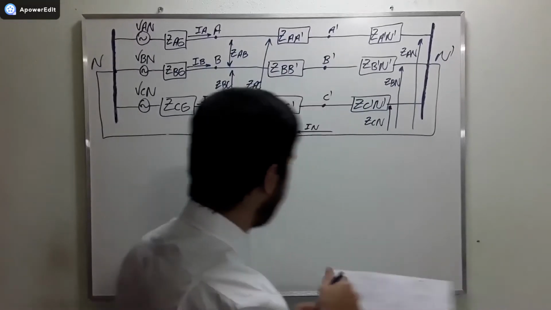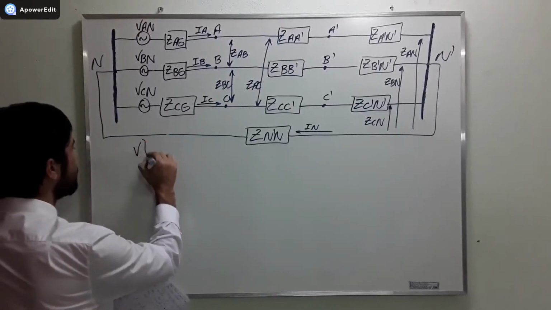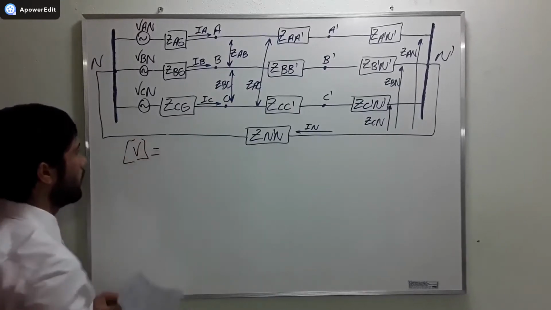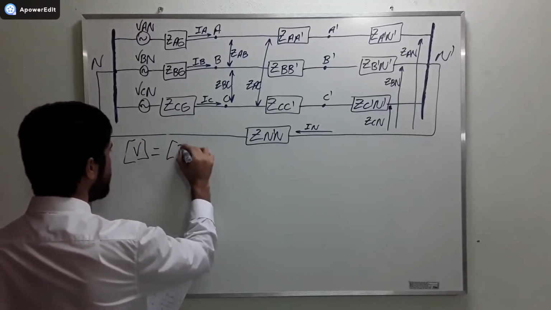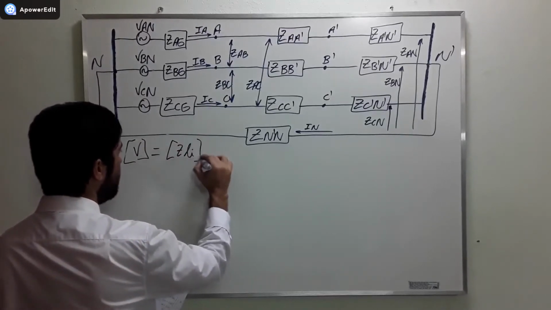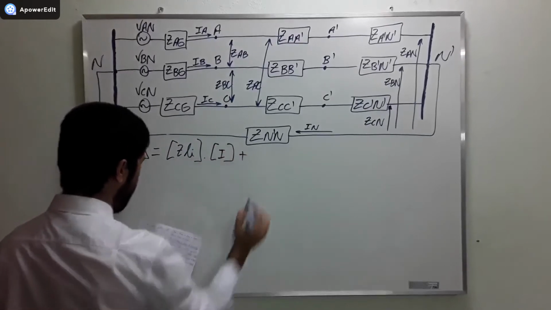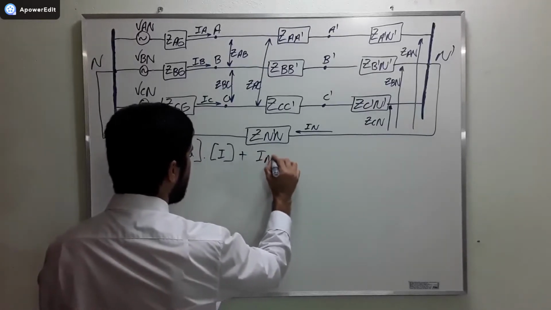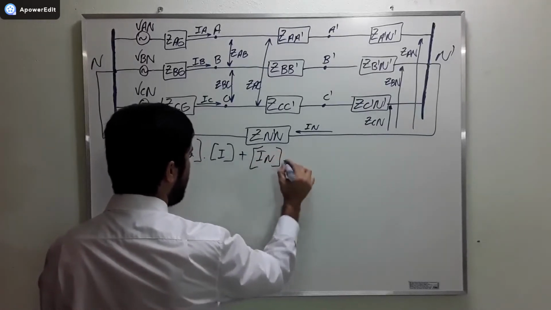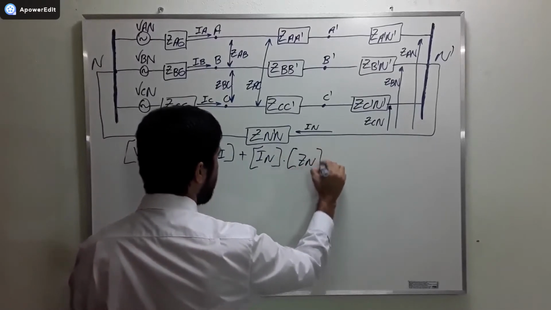We are going to find a matrix of the sort V equals Z line times the current plus the current of the ground or neutral wire times ZN.